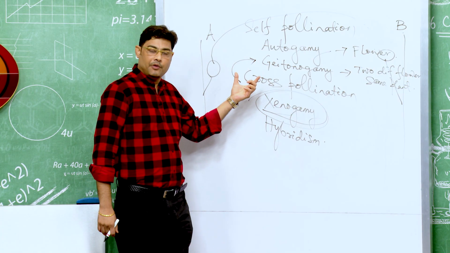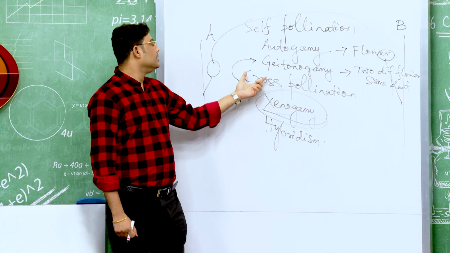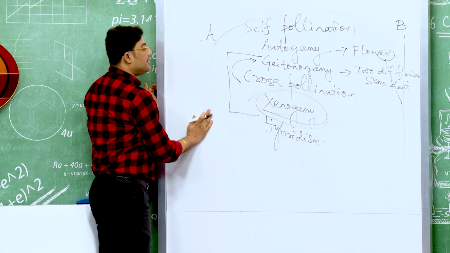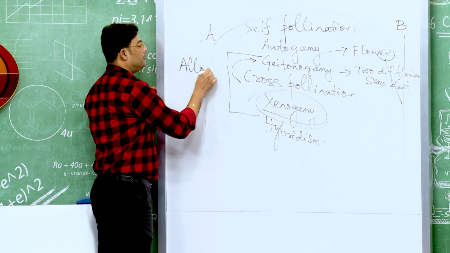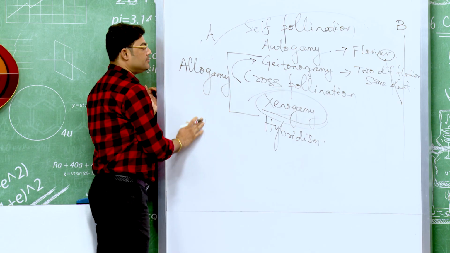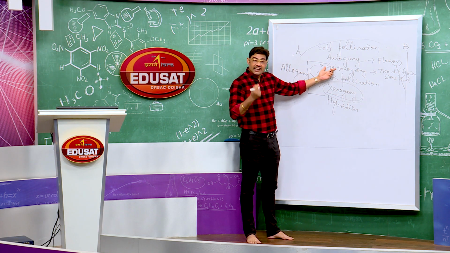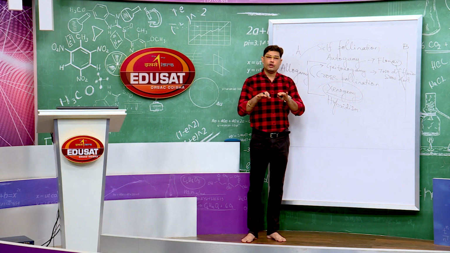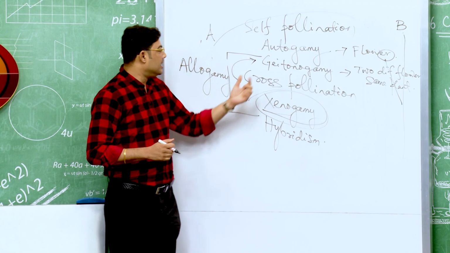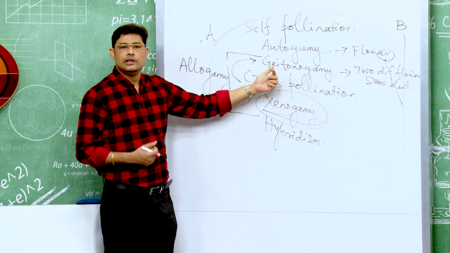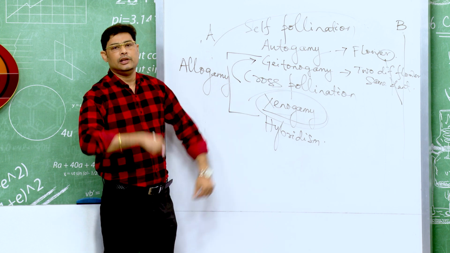Some authors have also considered geitonogamy and xenogamy together as another type of pollination called allogamy. Allos means different. So geitonogamy is genetically a type of self pollination, because two flowers born on the same plant are genetically similar, but ecologically some of the scientists consider geitonogamy as a type of cross pollination.